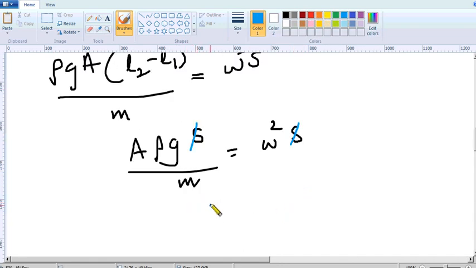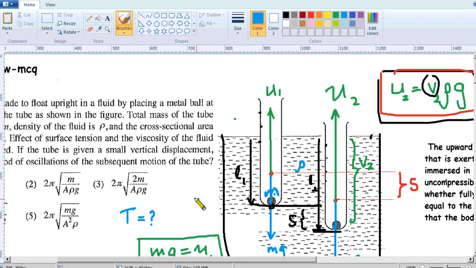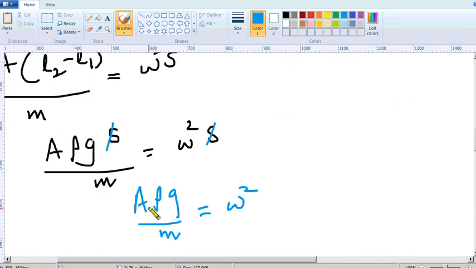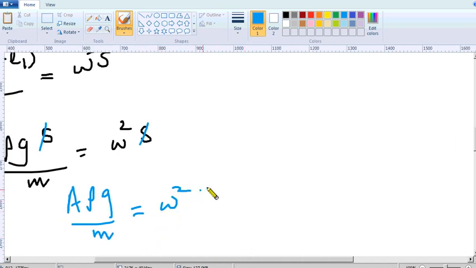Now we have to use another equation again: a rho g divided by m equals omega squared. Now we have to somehow get a relationship with this capital T. So what is the relationship between omega and capital T?